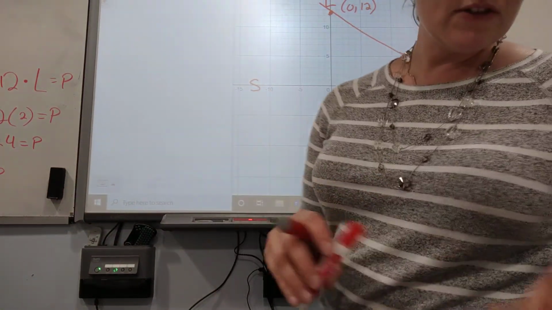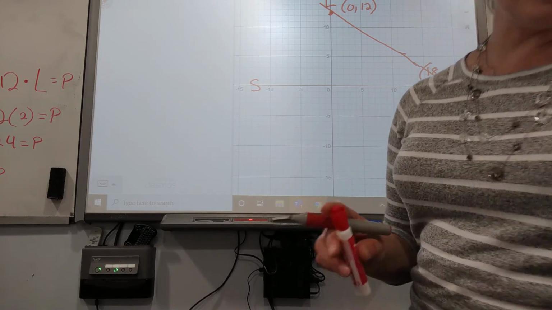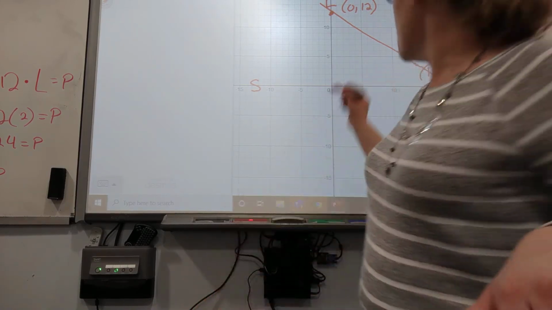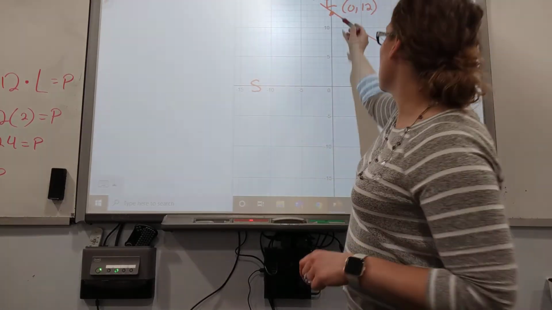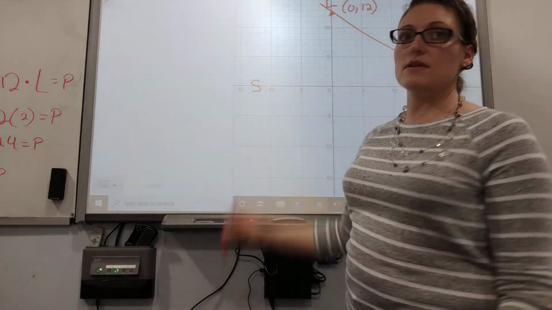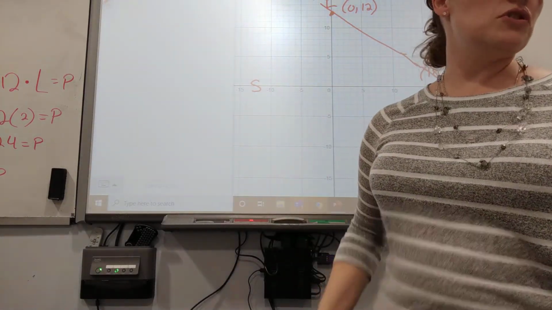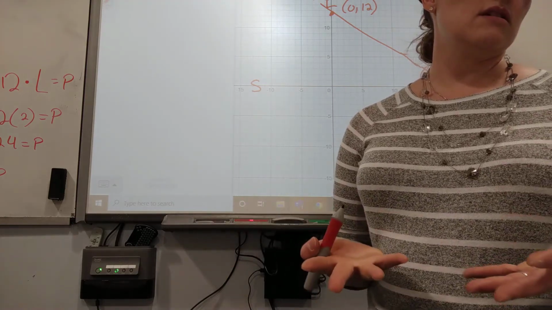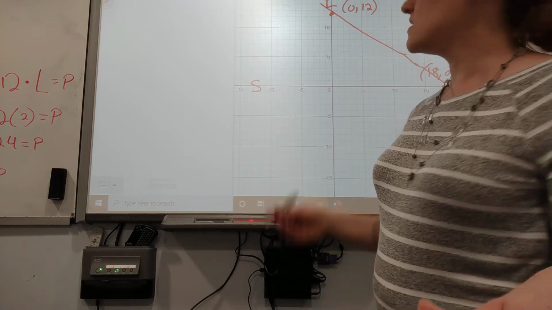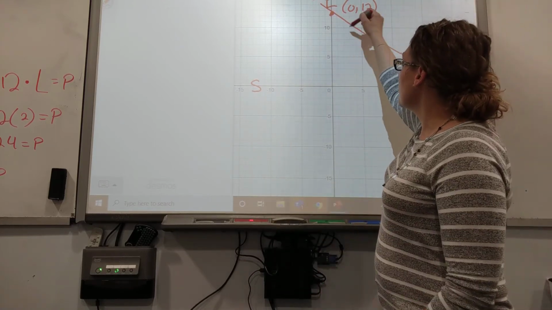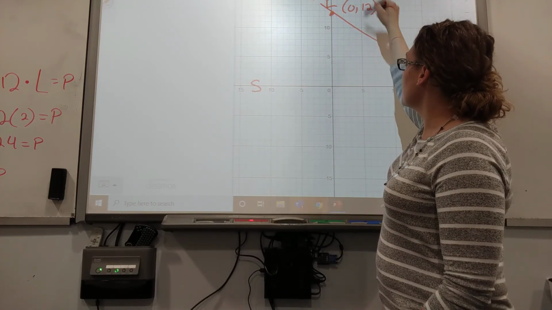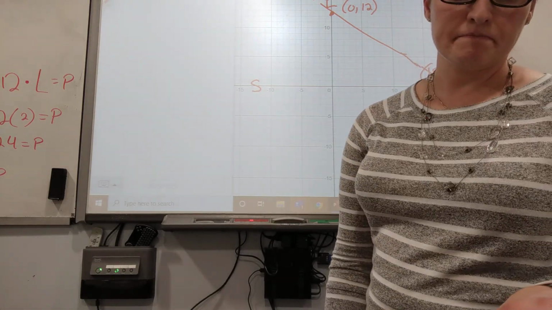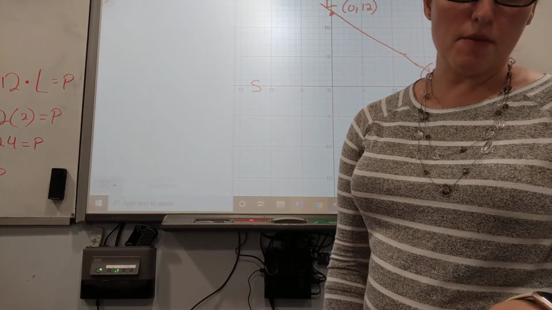Okay, so if you see letter C, it says list several possibilities of combinations. Any point on this line is a potential solution to the problem of who's going to go in which van. Does that make sense? Okay. Because if one person leaves this van, then they can go in this van, so on and so forth. Okay, so then graph a couple possibilities.